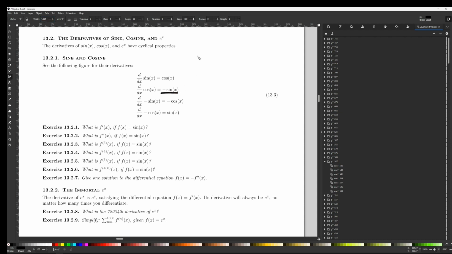If you want to keep going, the derivative of negative sine of x, we can factor out the negative 1, and we're going to have the derivative of sine of x. So we're going to have negative cosine x. We can do the same thing again.